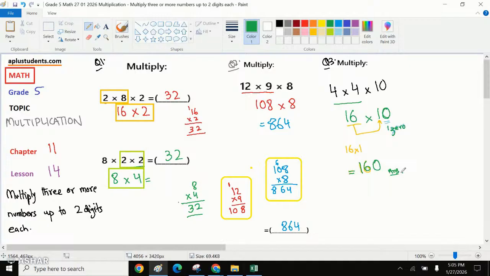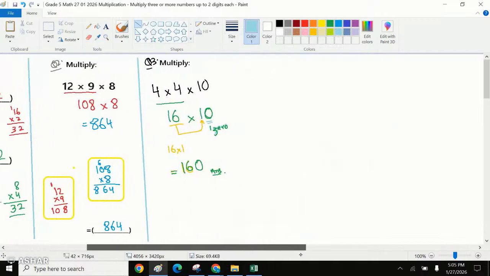Moving ahead to the next question. I'll just put the margins in between so that we can differentiate.